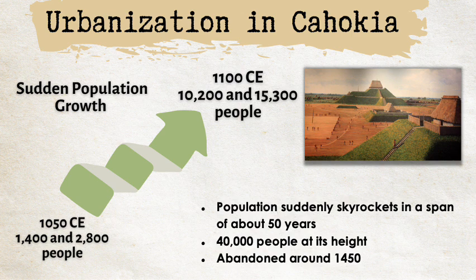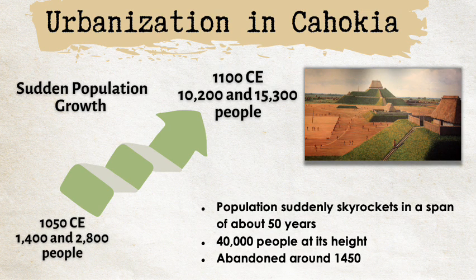At its height, Cahokia is thought to have had a population of around 40,000 people, making it larger than some of its European contemporaries like London and Paris at the time. As with any growing city, problems of waste management arose, which likely contributed to a stall in growth. The city was abandoned around the year 1450, and it isn't completely clear why.